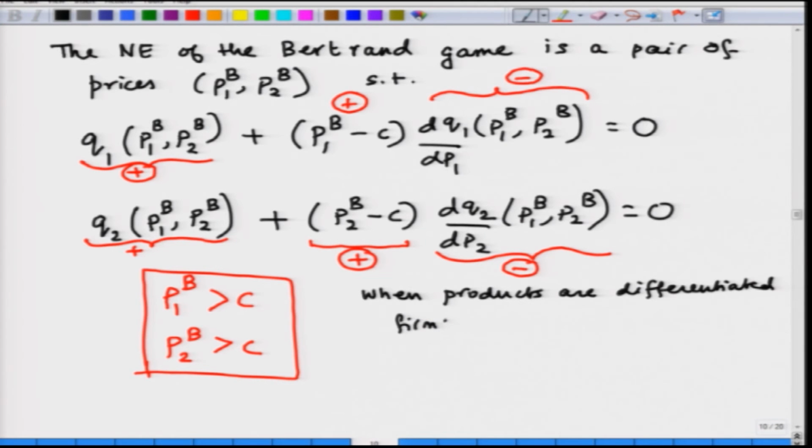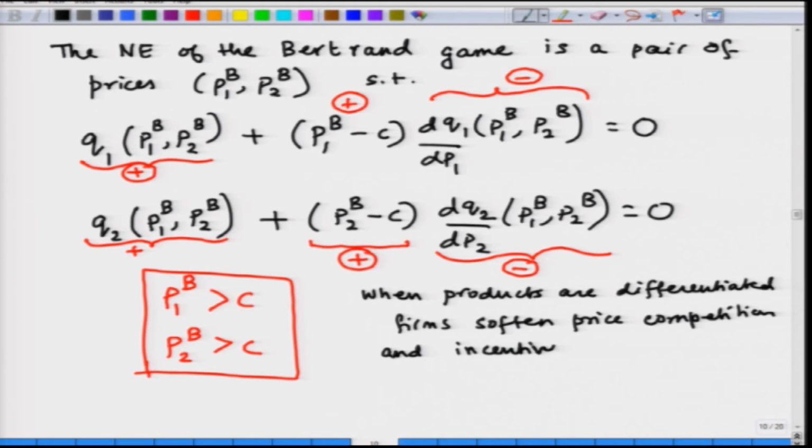firms soften price competition and charge higher prices. The incentive to undercut, which was very strong in our baseline Bertrand model, is a lot lower, right, because the price competition is a lot softened.